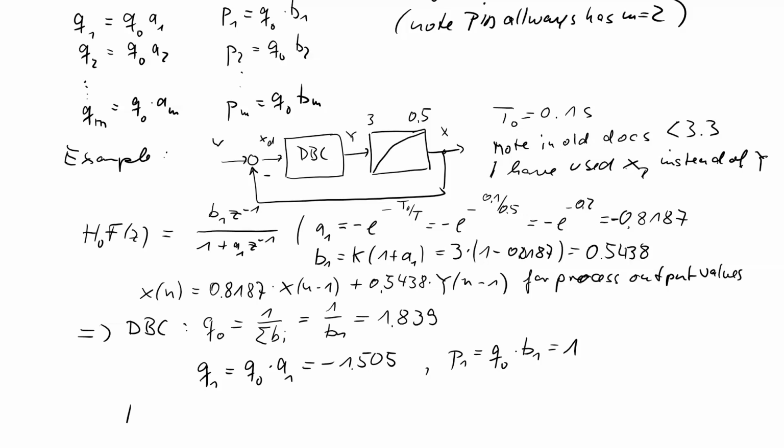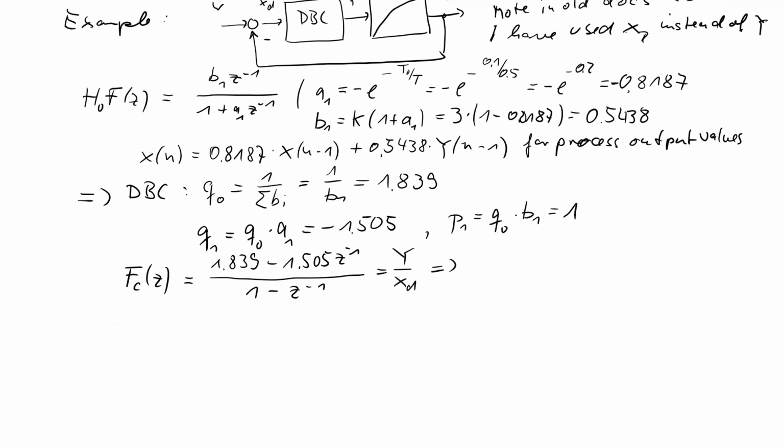So we can write down the controller transfer function. In our case it is 1.839 minus 1.505 z to the power of minus 1 divided by 1 minus z to the power of minus 1. Or the algorithm, this is output y divided by input xd.